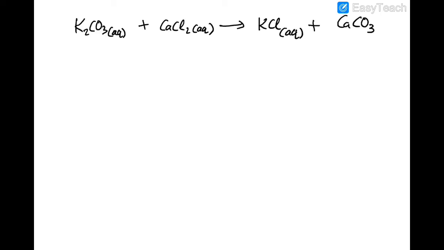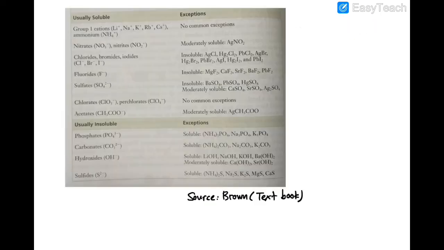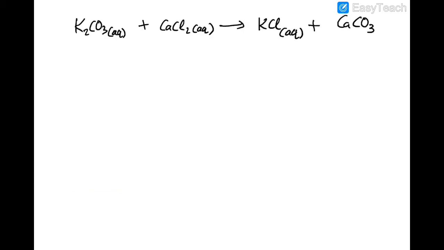However, calcium carbonate, you can see in here, carbonates are usually insoluble except for ammonium carbonate, sodium carbonate, and potassium carbonate. Of course, then calcium carbonate is not an exception, so it is insoluble. So instead, you write this down in solid form because it is an insoluble salt.